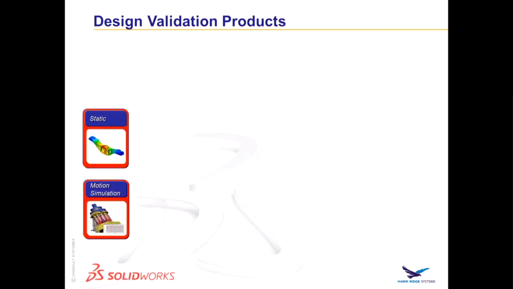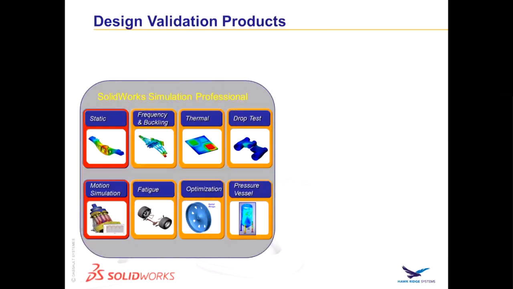So how do you get those other types of simulation? Well, again, I mentioned that the basic stress analysis, which we now know is actually linear static analysis, is contained inside SOLIDWORKS Premium. So that gets you your linear static stress analysis and also motion simulation. Beyond that, we have some other simulation packages, such as Simulation Professional, which is going to add some other study types that also are typically linear in nature, although they are checking for different kinds of failure.